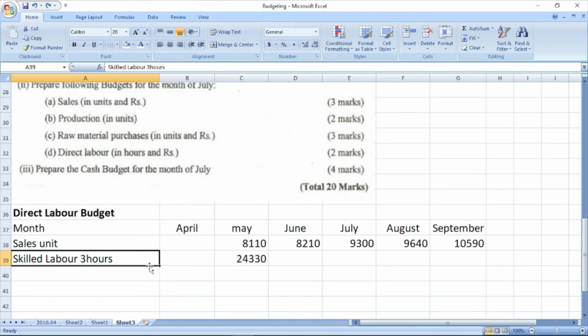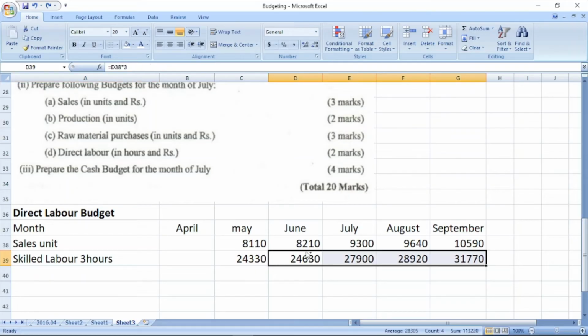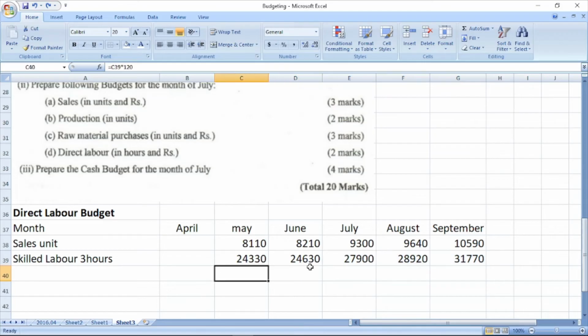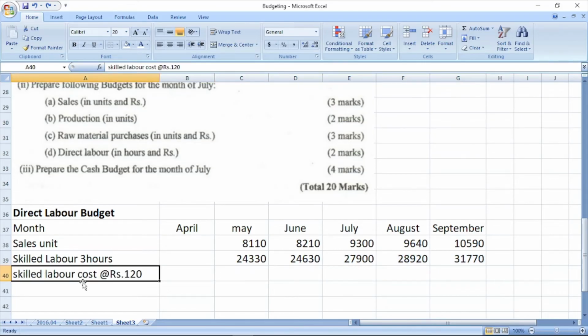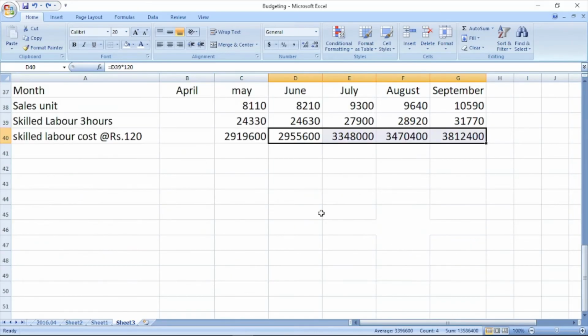So likewise 3 hours into sales unit, we can get the skilled labor hours requirement. Now we know the skilled labor hour cost is 120 rupees, so 120 rupees into relevant skilled labor hours, we can get the skilled labor hour cost. The first one, skilled labor hour is 24,330 into 120 rupees, we can get the cost of skilled labor hour of May. Likewise get the other value.